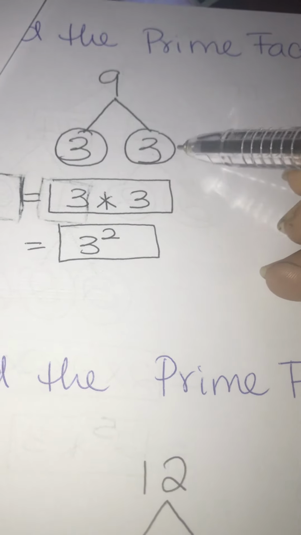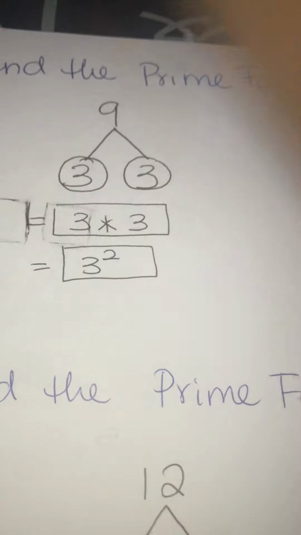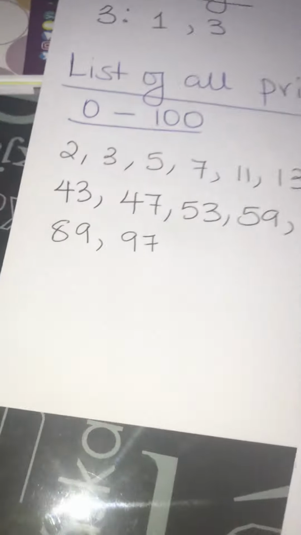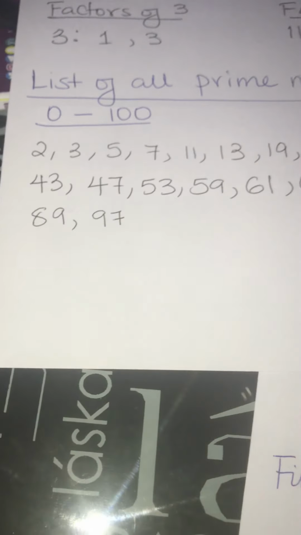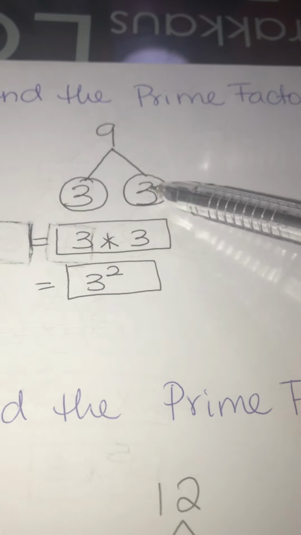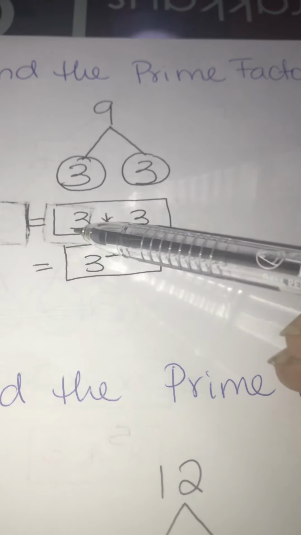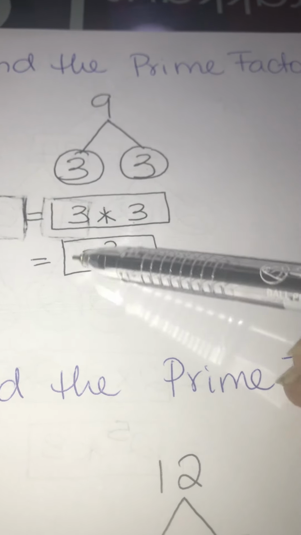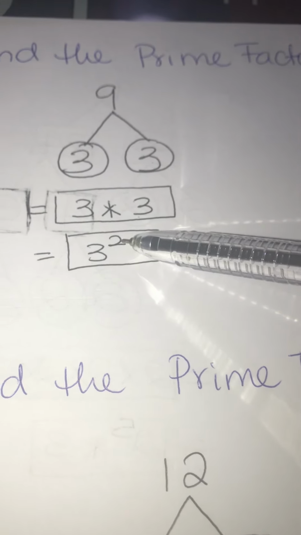Then, why did I circle them? Because 3 is in this list. If your numbers are in this list, you will put them in a circle. If your numbers are not in this list, you will put them in a square.